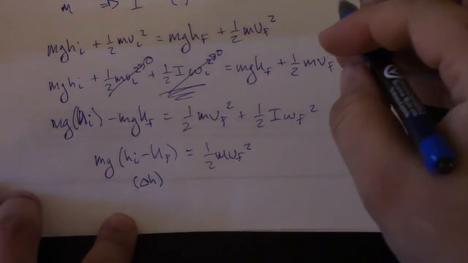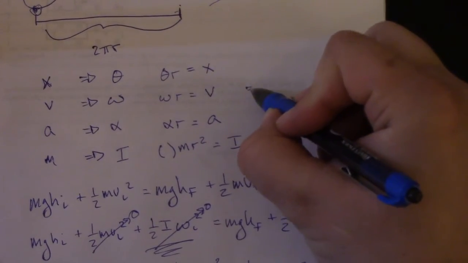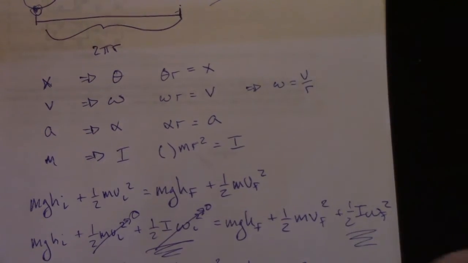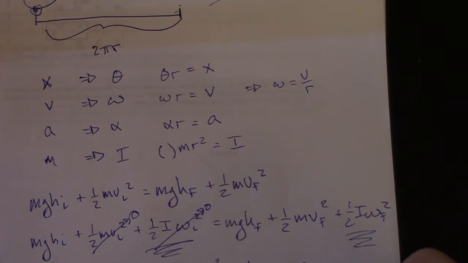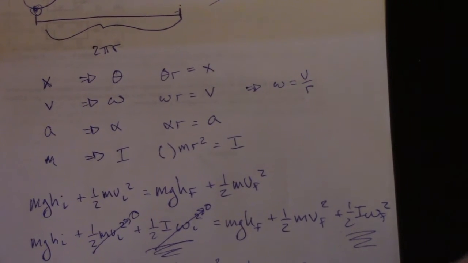And then from above, we can see that omega r is equal to v, or omega is equal to v over r. And so for this, we'll get 1/2 times some fraction, which is given in your lab, m r squared times the quantity vf over r, squared.